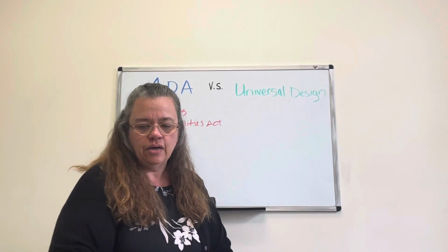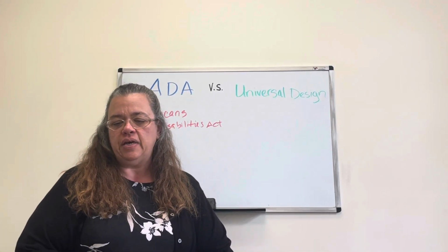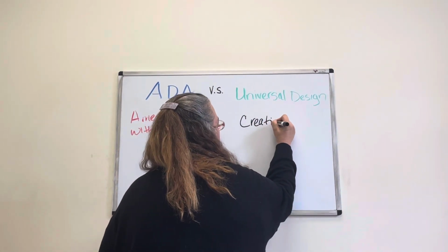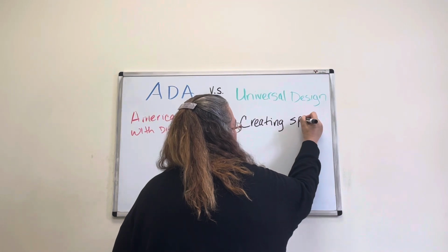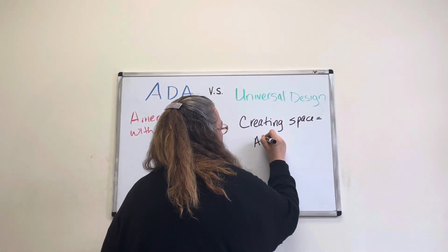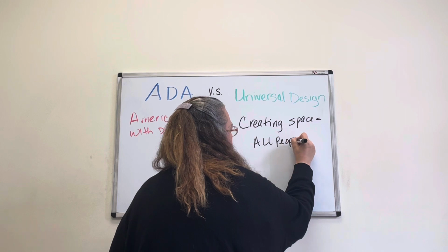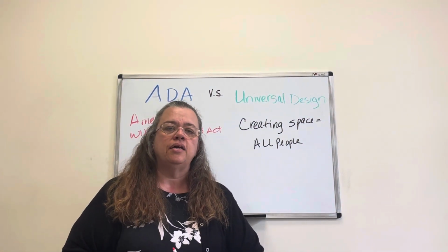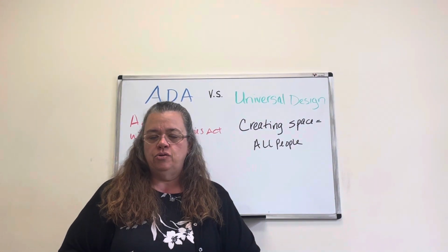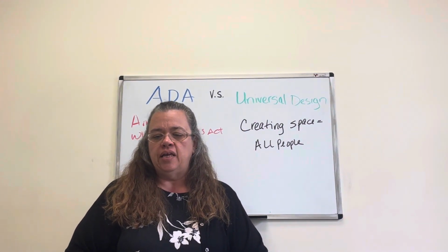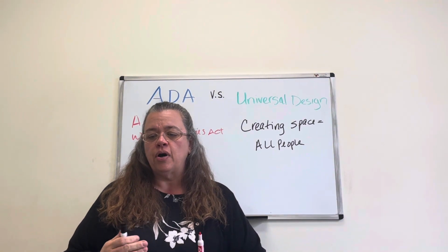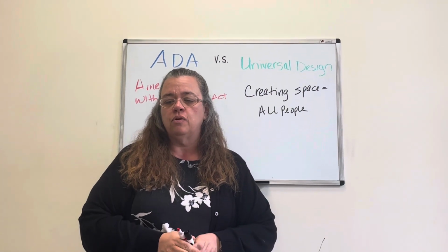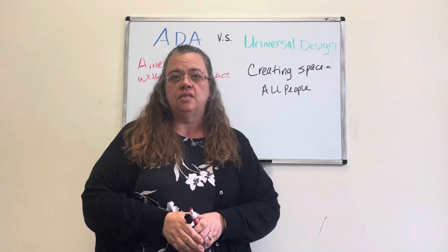Universal design, however, is about creating a space that can be used by all people. So universal design tends to come in when you're building a new space, and the components are equitable use, which is useful and marketable to people with diverse abilities.